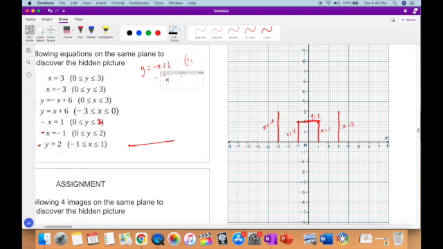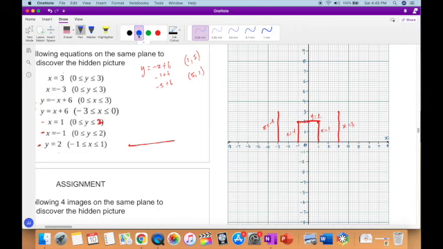And when x is 5, then negative 5 plus 6 is positive 1. So I have the points 1 and 5, and 5 and 1.